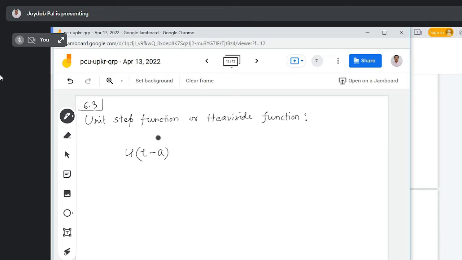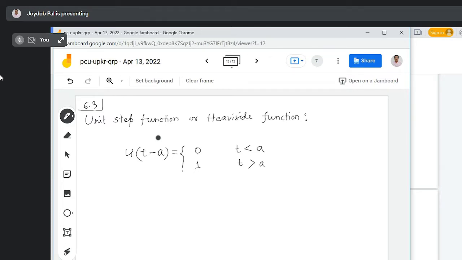Okay, u(t minus a). It has two pieces. One piece has the value 0 to the left of this value a, and 1 to the right of this a. u(t minus a), that is the notation of the unit step function.